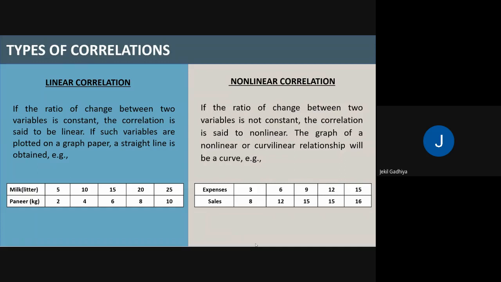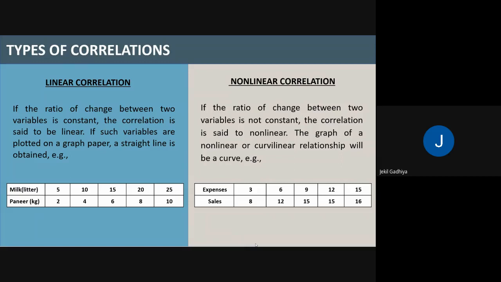In linear, both are in arithmetic progression. Mm, no, arithmetic progression is not required. Okay, just accidentally, in this example, it satisfies the condition of arithmetic progression.